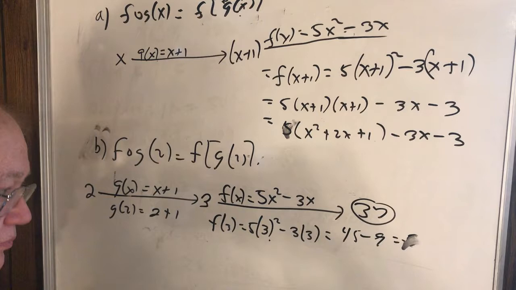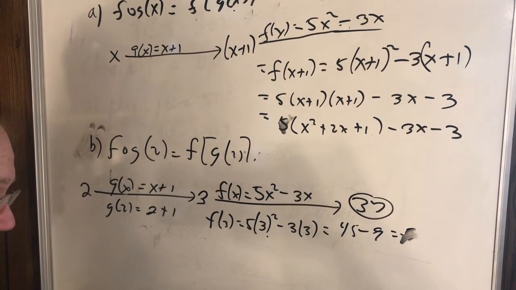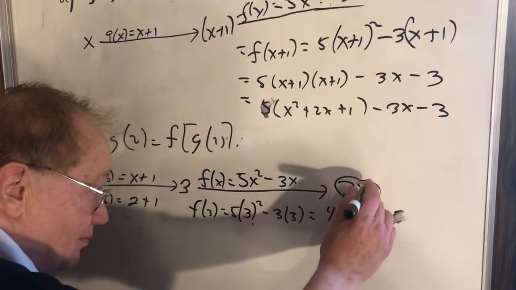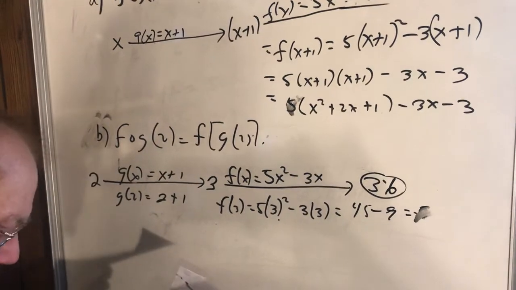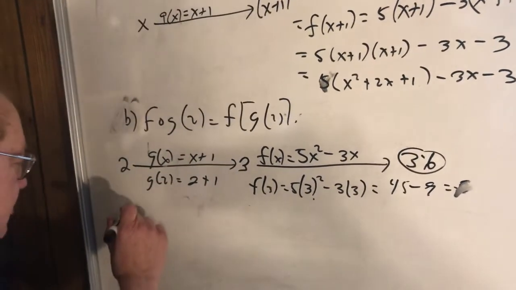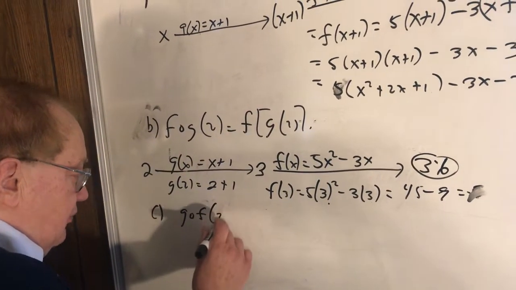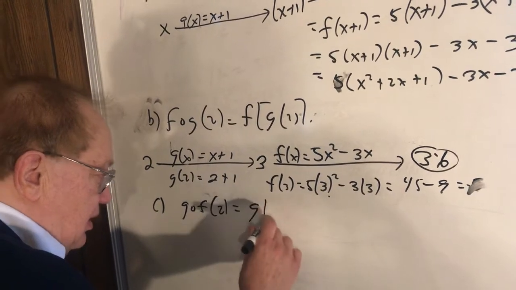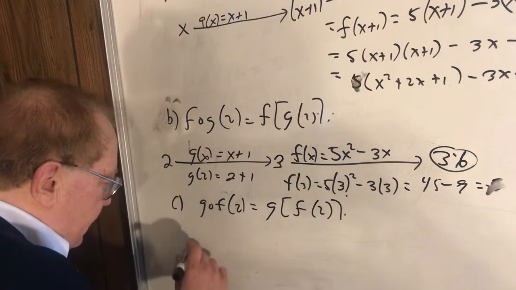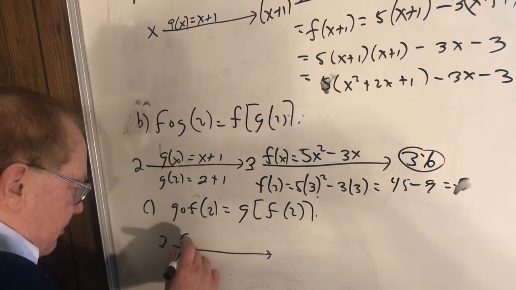45 minus 9 is 36, that is correct. Oh, 37 is the answer to the next one, I was reading off here, I'm sorry. Okay, so g of f of 2 is the same thing, but now we start with our first machine being our f machine.